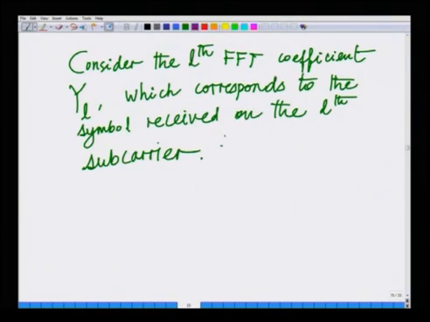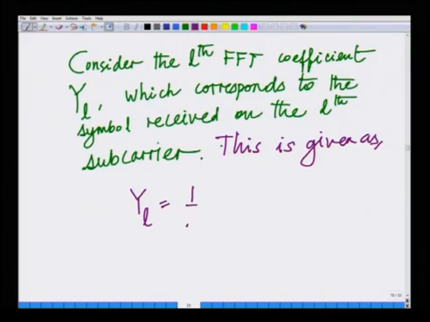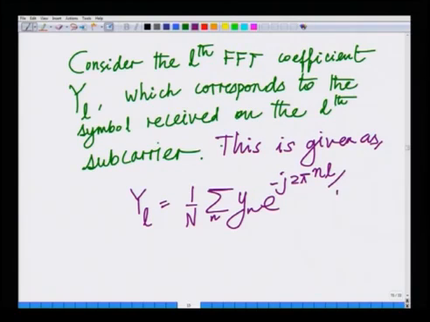This is given as Y of L equals 1 over N summation y n e to the power of minus j 2 pi n L over N. This is simply the lth FFT coefficient.